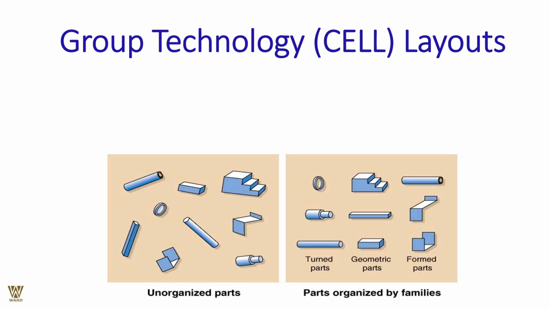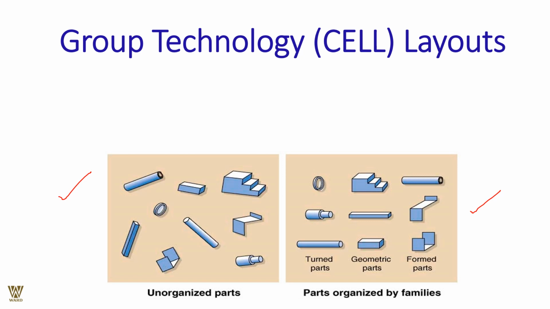The last but not the least would be group technology or cellular technology. Look at what is happening in this pictograph. We have unorganized parts, everything randomly placed, and then we can organize the parts and club them together with one another. A female part and a male part have been done out here, the steps and the levers have been taken care of.